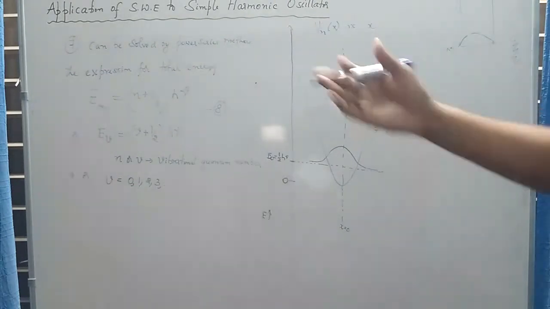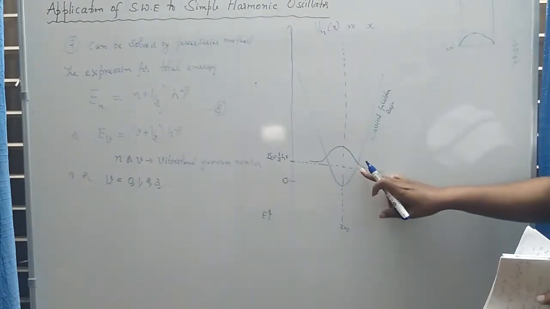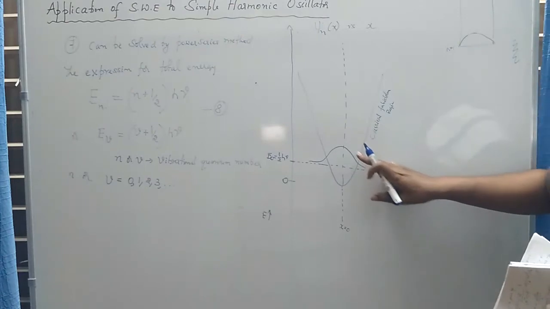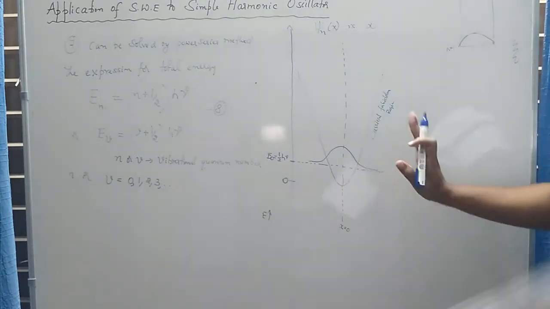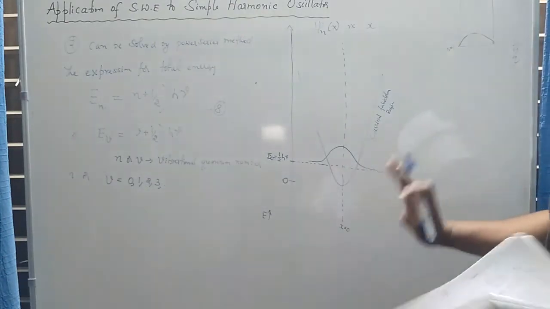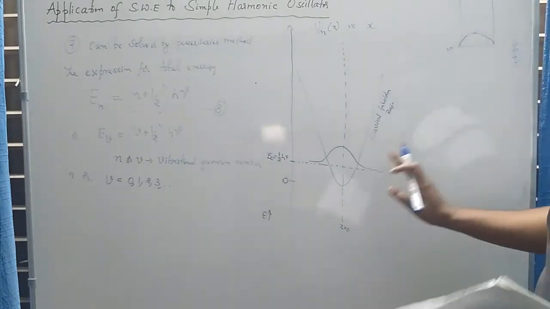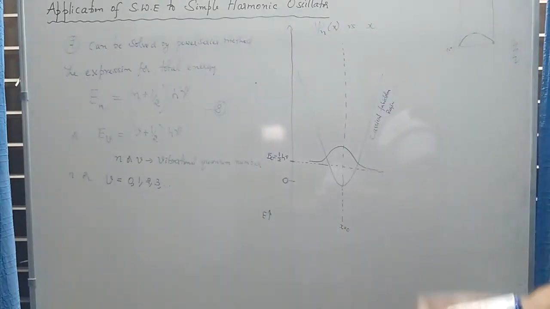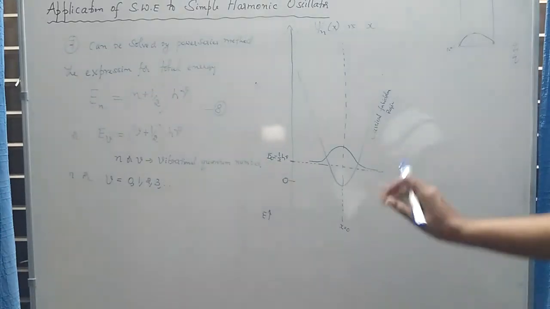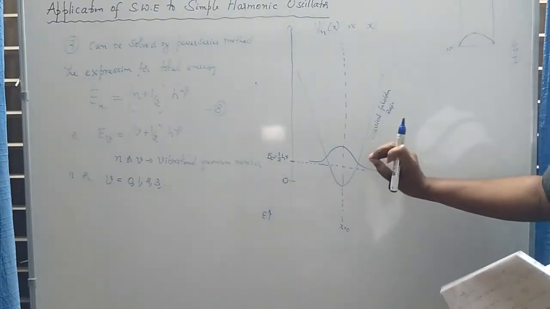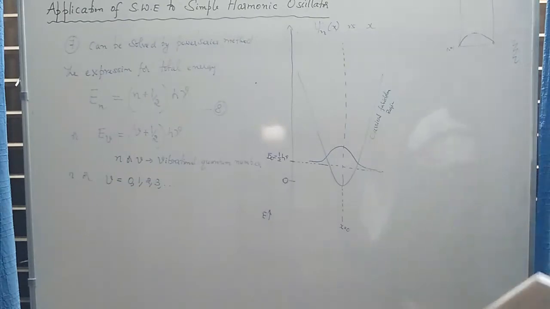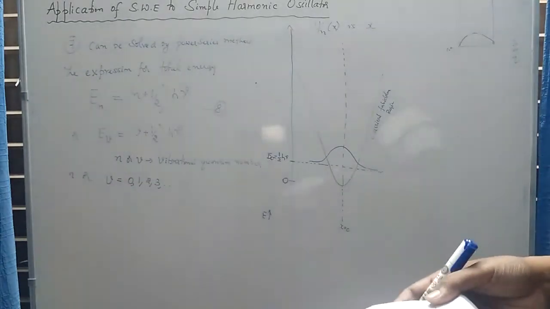That is forbidden. But what we see here is some residual wave function beyond that forbidden region. Such results can be expected only in quantum mechanics, not in classical mechanics. Such a phenomenon, where there is a residual wave function even outside the forbidden region, is called tunneling, which we will not discuss in detail.